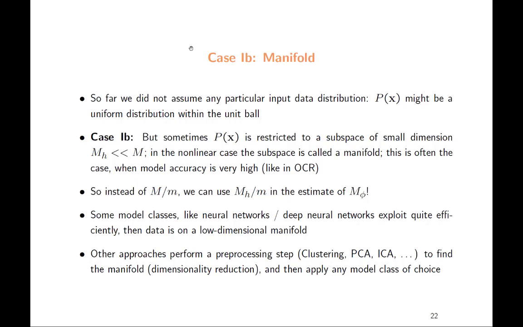So the second case, 1b, is the situation with a manifold. So far we did not assume any particular input data distribution. P of x might be uniformly distributed within the unit ball.